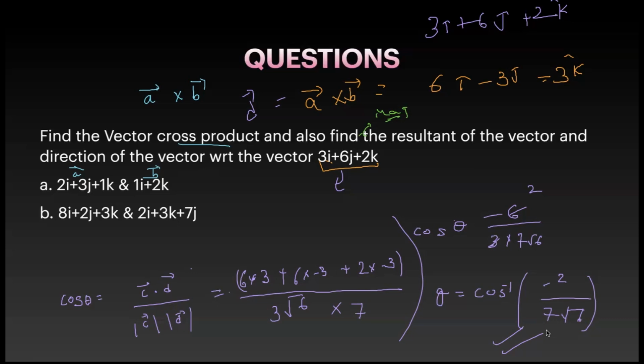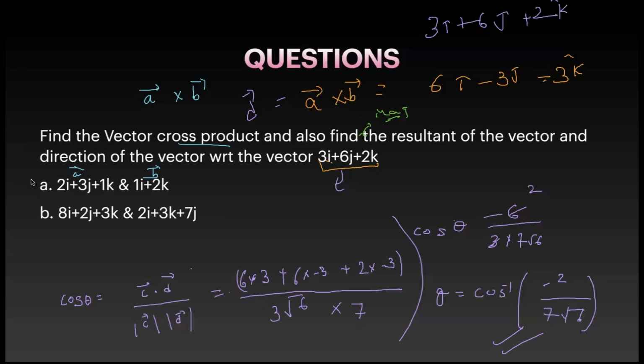And then we found out the direction, the angle between the A cross B vector and the other vector which they have given here, which is 3i cap plus 6j cap plus 2k cap, by using the recently learned formula. Okay, so this is how we use dot and cross product in physics.